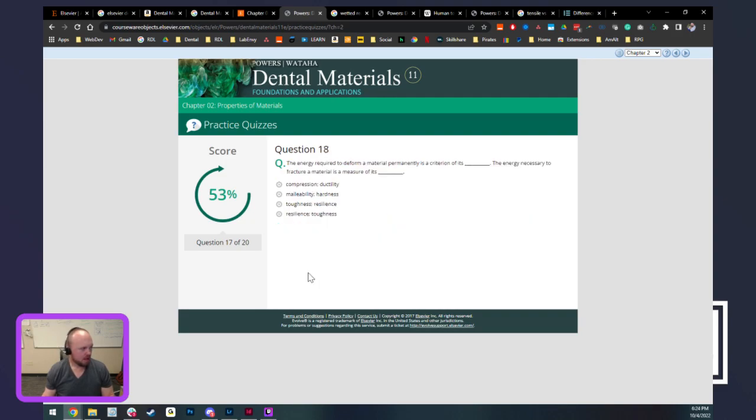The energy required to deform a material permanently is a criterion of its malleability. The energy necessary to fracture a material is a measure of its hardness. The energy required to deform a material permanently is a criterion of its resilience.